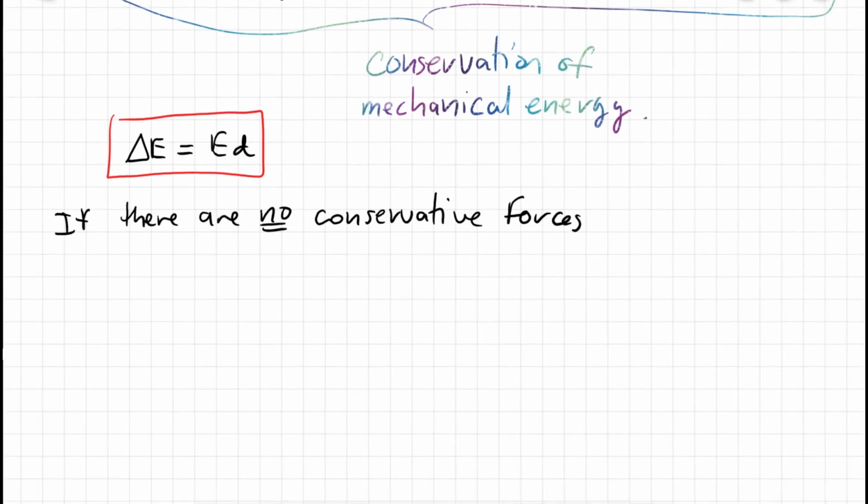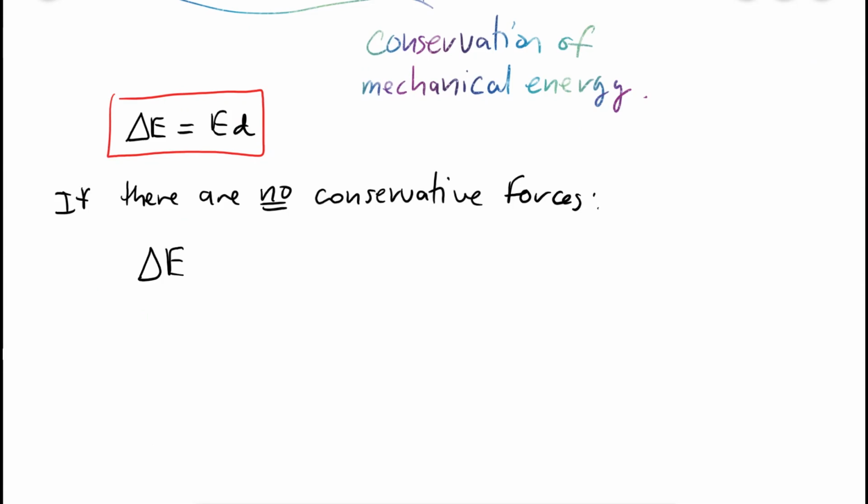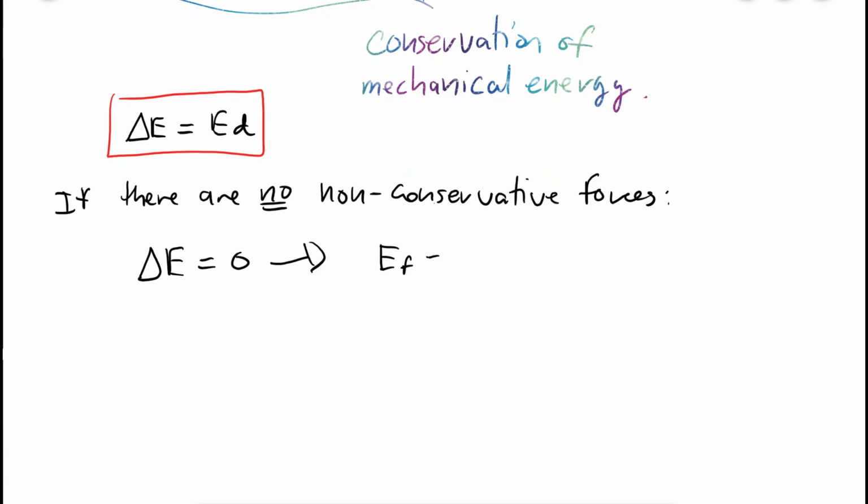And if there are no non-conservative forces, then of course the change in energy of the system is going to be 0, and so energy final is equal to energy initial, and there you have your conservation of energy principle, the one that you have always been familiar with, and that at least to some extent you should know how to use.